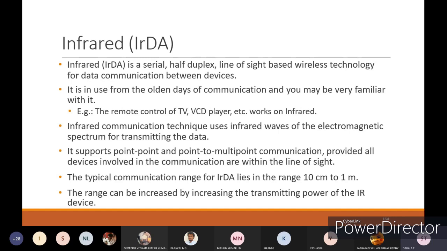Whenever you are switching on the TV, you should always face that infrared transmitter light towards the receiver section, because line of sight is very important with respect to infrared communication. Always they should be in line to transfer the data.